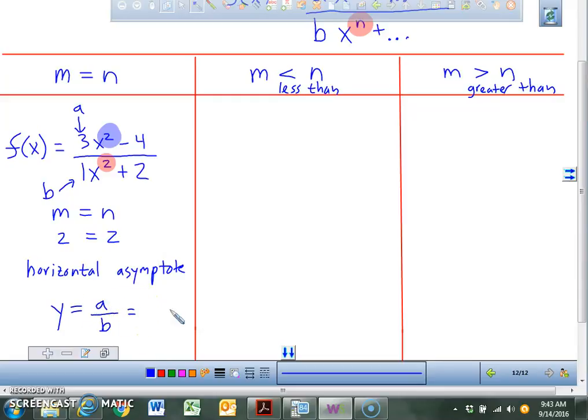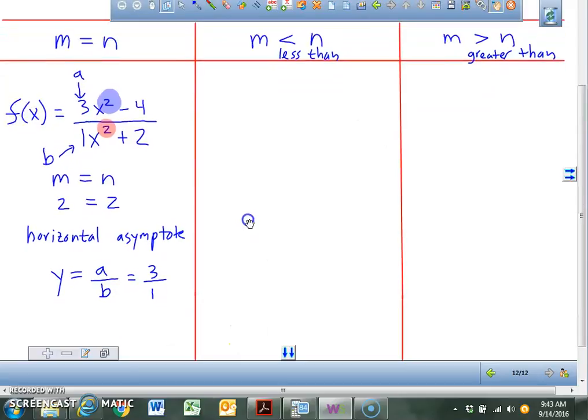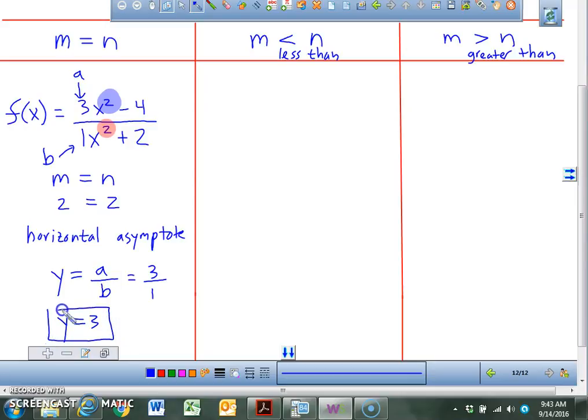In this case, our a value was a 3. Our b value was a 1. Therefore, our horizontal asymptote is y equals 3. So we will have a horizontal asymptote at y is equal to 3.